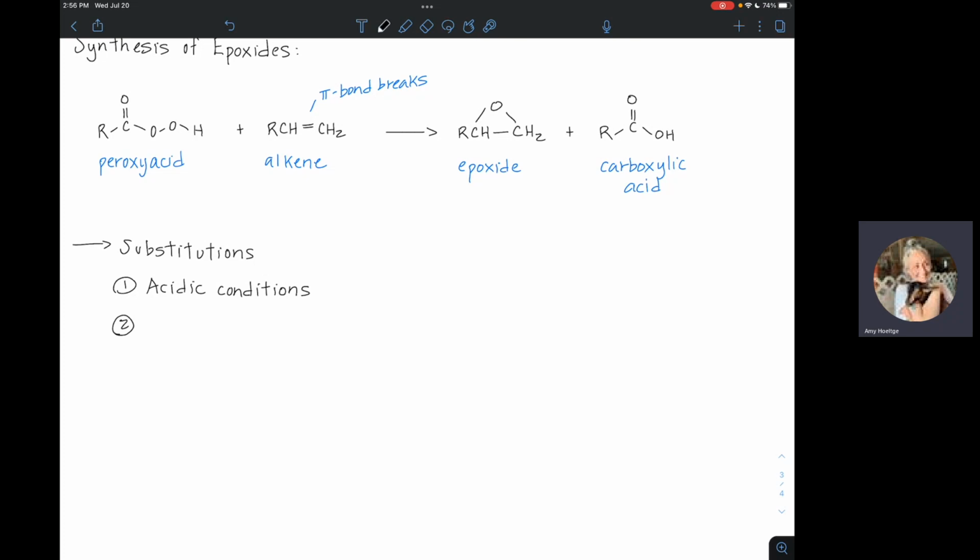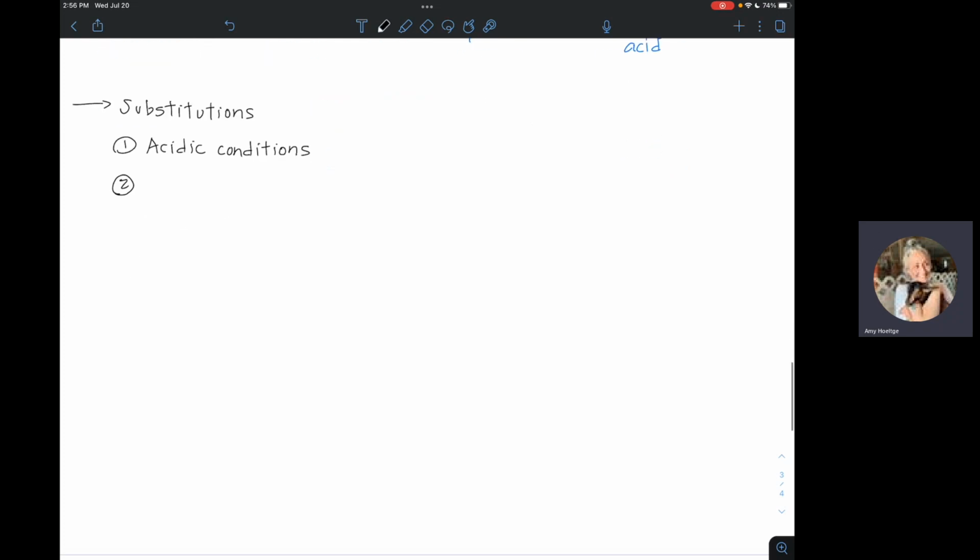So that will affect the regiochemistry of the alcohol that's formed. Okay, so let's start out with acidic conditions.